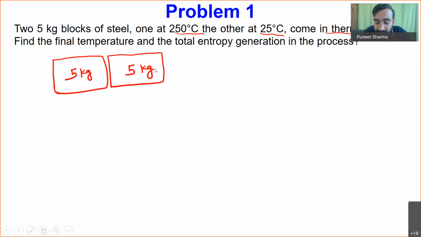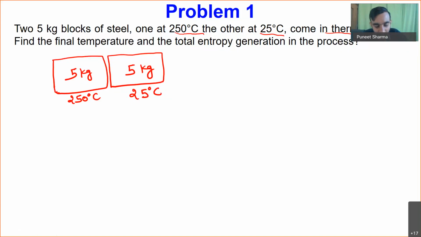The initial temperature of the first block is 250 degrees Celsius and of the second block is 25 degrees Celsius. If both come in thermal contact with each other, what will be the final temperature and the total entropy generation in the process?